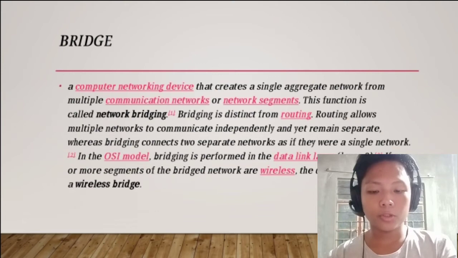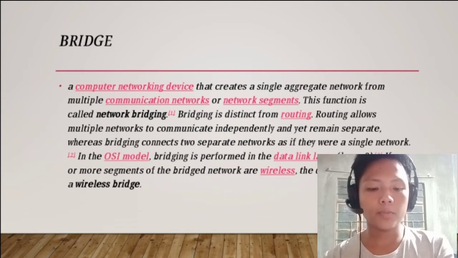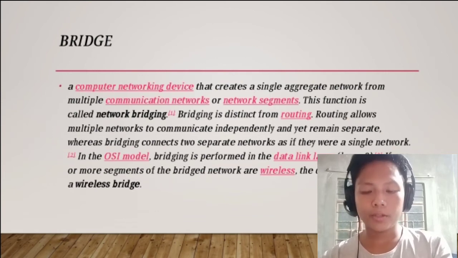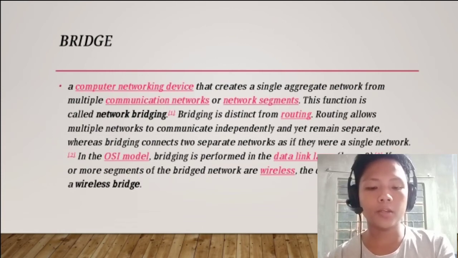Routing allows multiple networks to communicate independently and yet remain separate, whereas bridging connects two separate networks as if they were a single network.